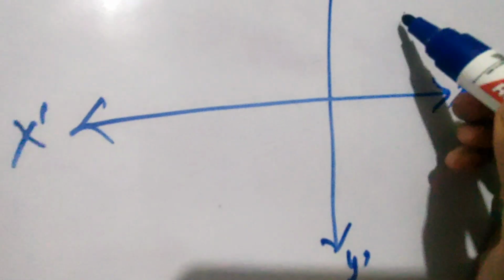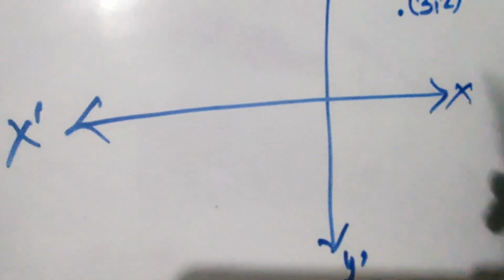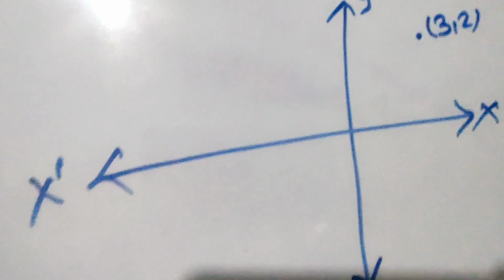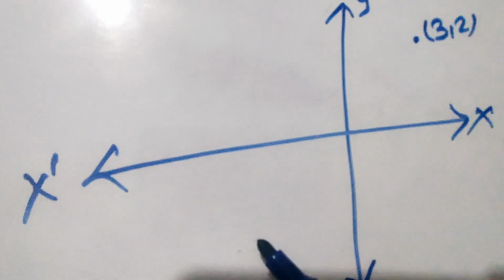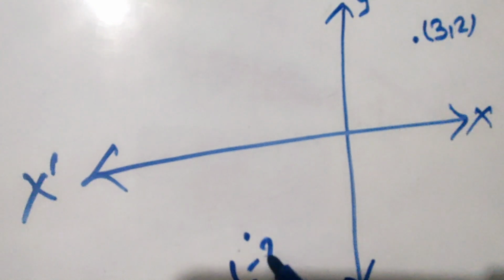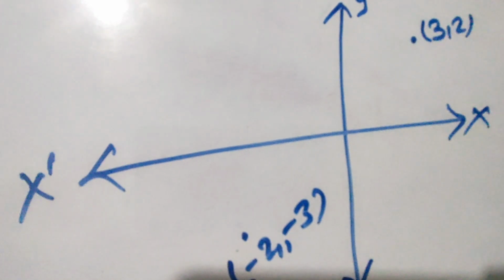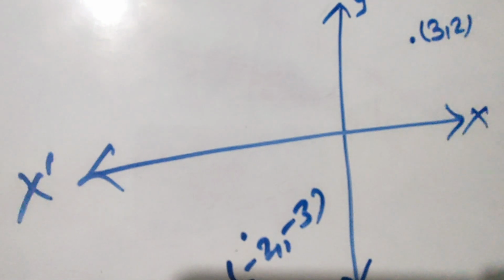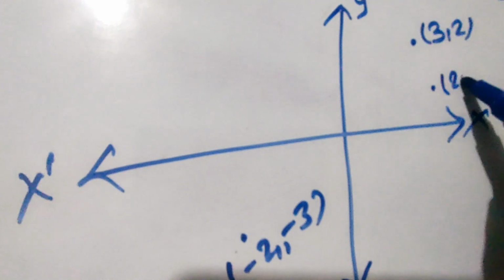Here the first point is given as (3, 2). Think of (3, 2) here, because in this quadrant both are positive. Negative 2, negative 3 means the x coordinate is negative 2, and the y coordinate negative 3. The other is 2, 3, plotted here.